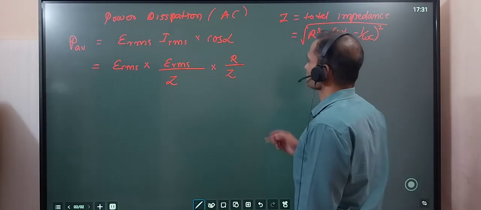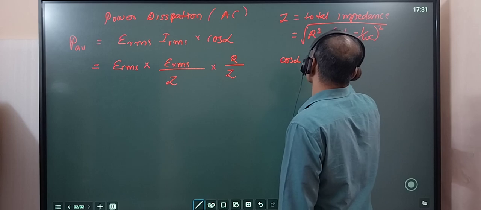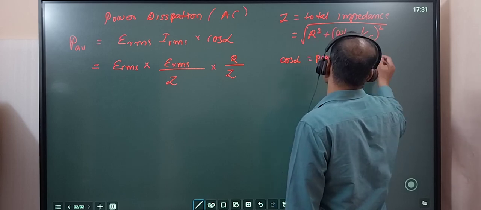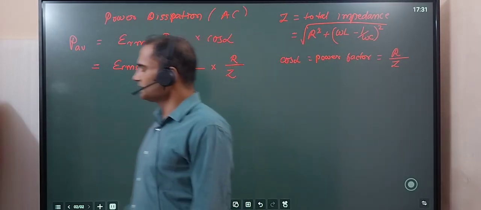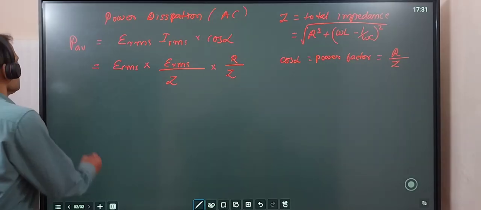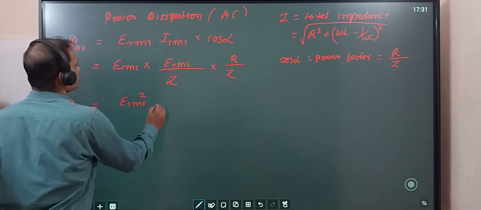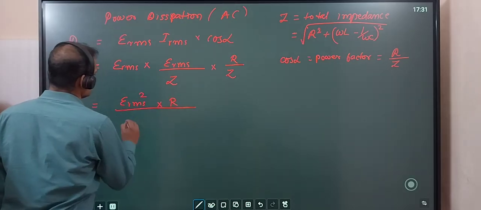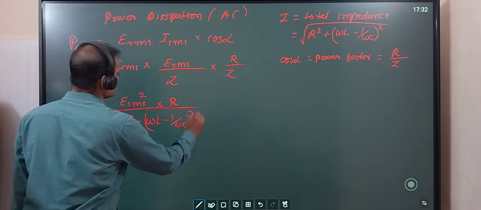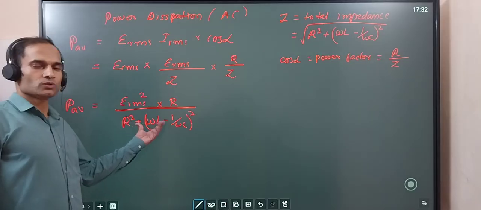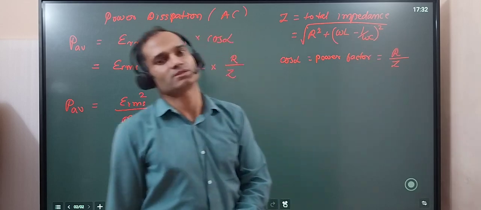And cos alpha is called the power factor, which we also discussed, and that is R by Z. So clearly P average will be ERMS the whole square into R by R square plus omega L minus 1 by omega C the whole square. I am not putting a square root because this is Z square.